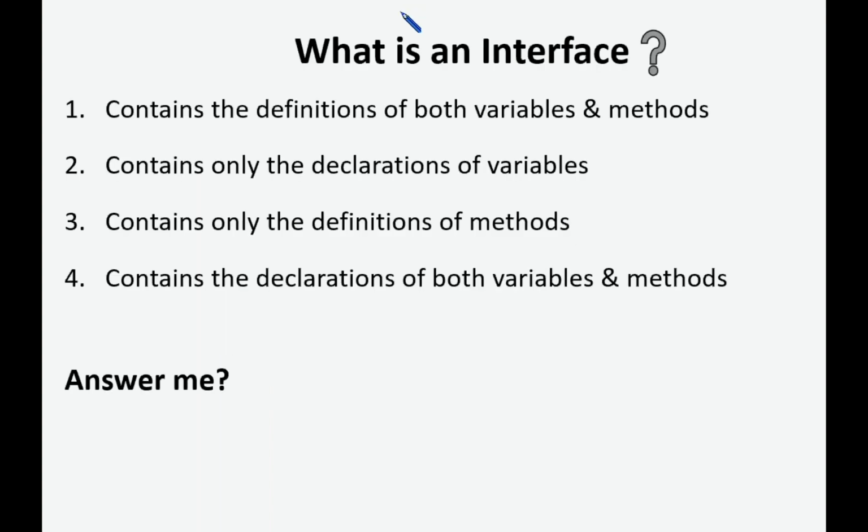What is an interface in Java? So see this first option, which contains the definitions of both variables and methods. Second option is which contains only the declarations of variables. Option 3 is which contains only the definitions of methods. The fourth option is which contains the declarations of both variables and methods.